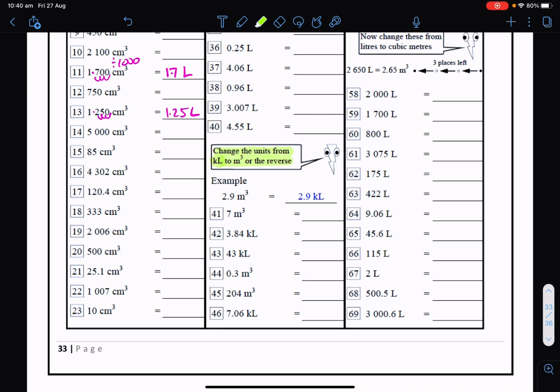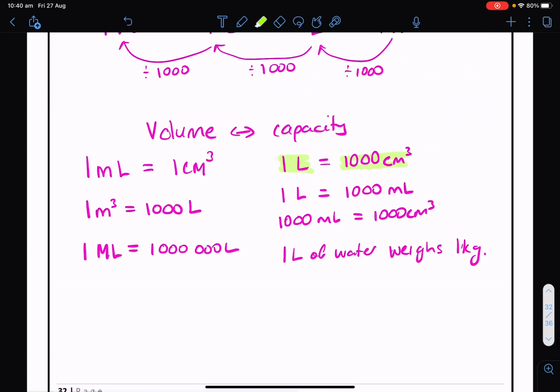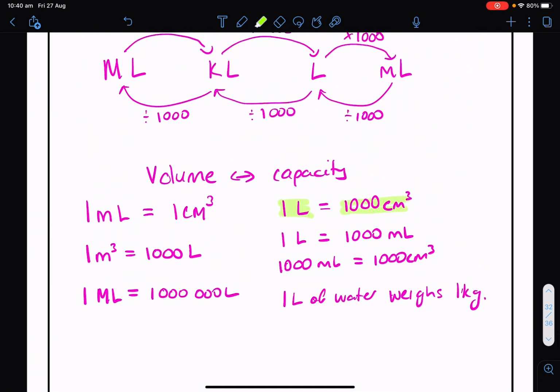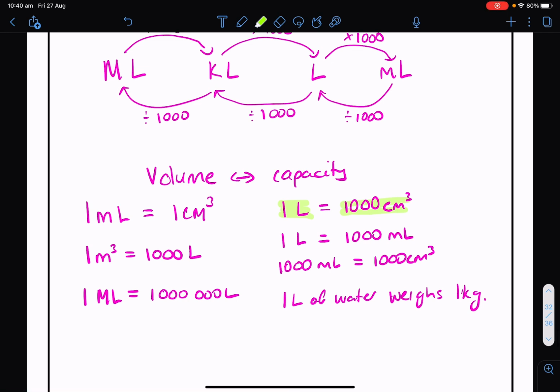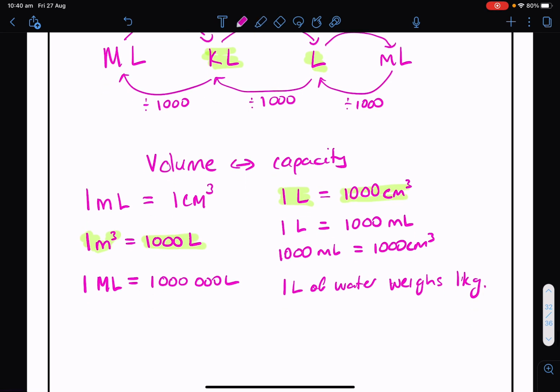Now if you're not sure how to do these, if we go back up here, we can see that 1 kilolitre has 1,000 litres in it, right? And we can see here that 1 metre cubed equals 1,000 litres. So what does that also tell us?